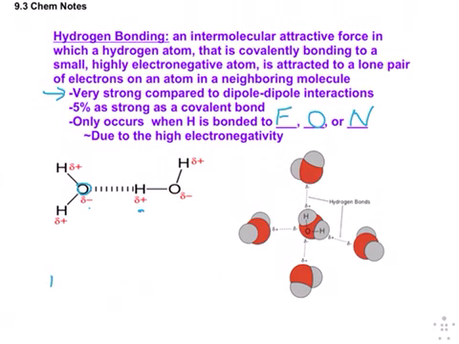And we kind of know that already because if we look at this, there's really two unbonded pairs of electrons on that oxygen. Does that make sense? So that automatically is going to make this oxygen partially negative, and it's going to attract a partially positive end of another molecule. Okay?